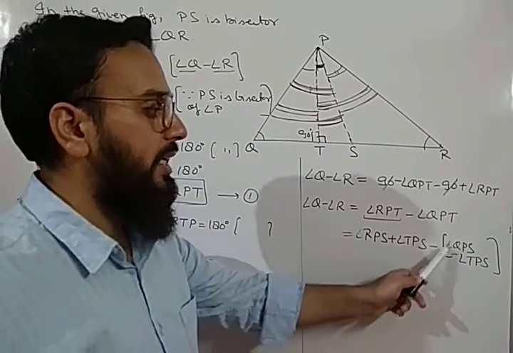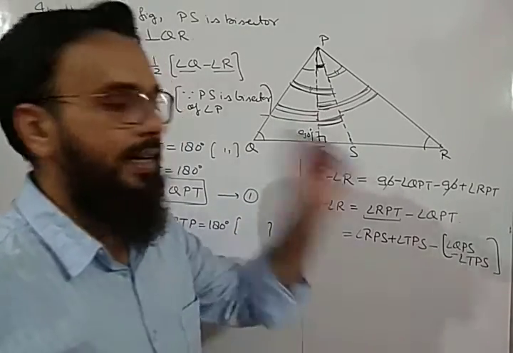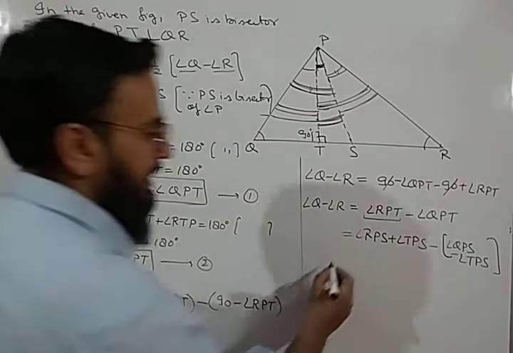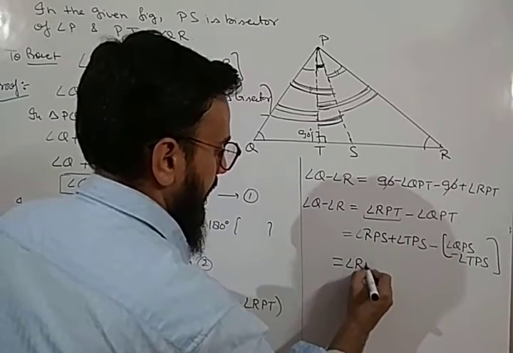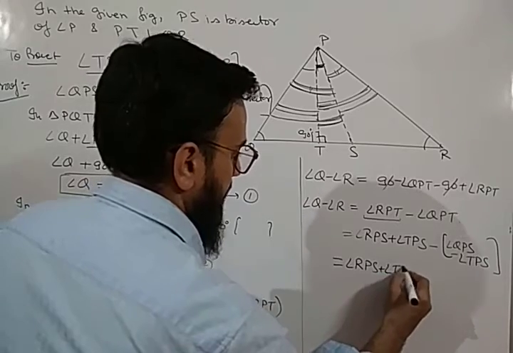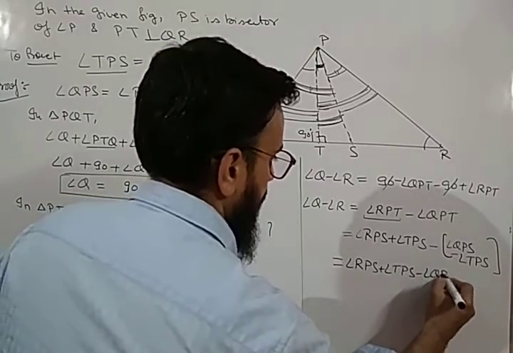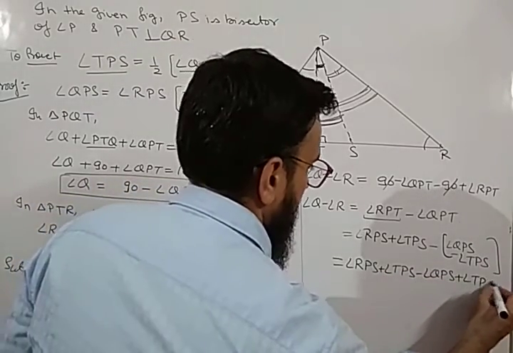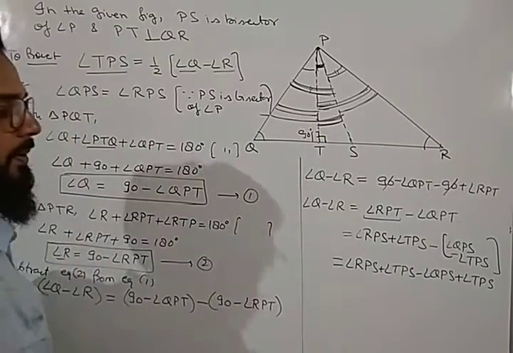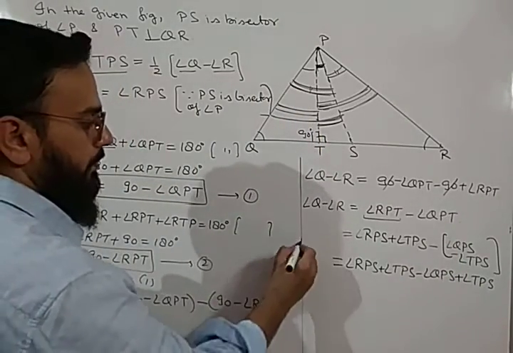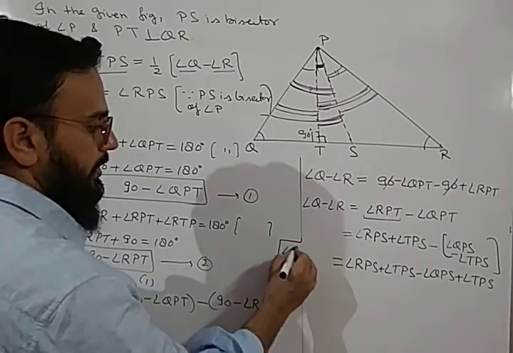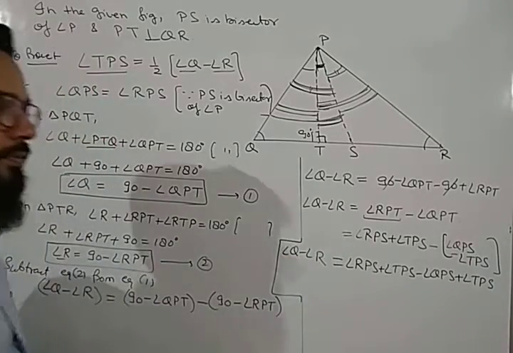Now opening the bracket, we will get angle RPS plus angle TPS minus angle QPS plus angle TPS. Minus will be plus. And this is the value of angle Q minus angle R.